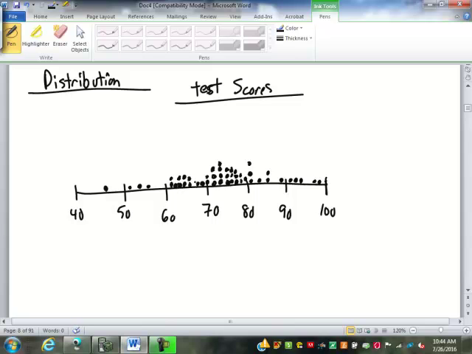As I keep giving this test over and over again, there's going to be a tendency for these dots to form a shape, a curve. And after so many years of giving this test, or having enough people take the test, I can actually draw a curve like this through the top of the dots that'll describe the data.